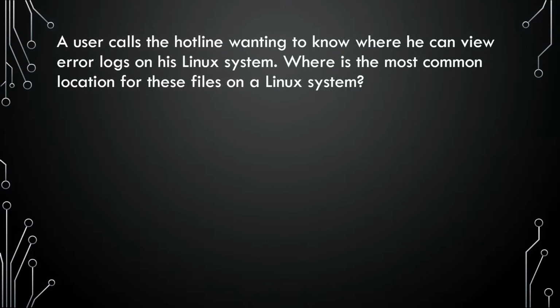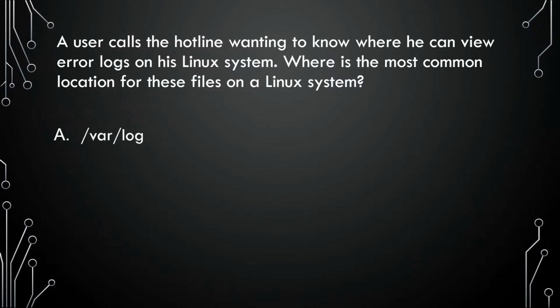A user calls the hotline wanting to know where he can view error logs on his Linux system. Where is the most common location for these files on a Linux system? We're going back to Linux, everyone.